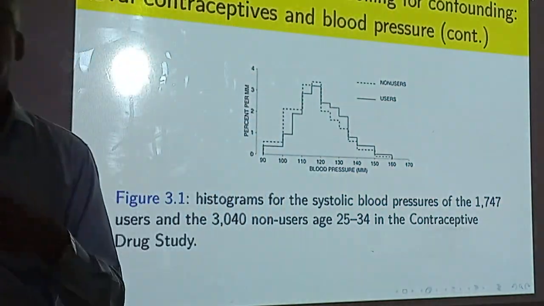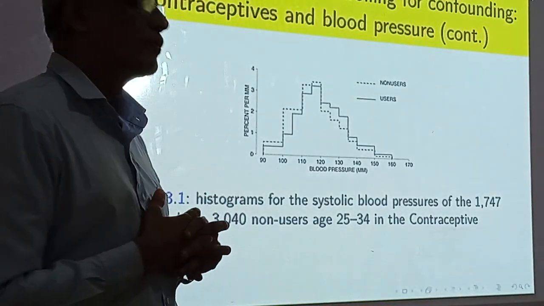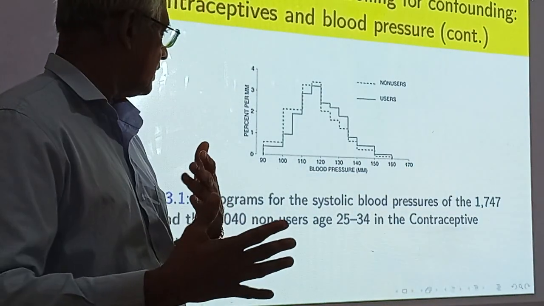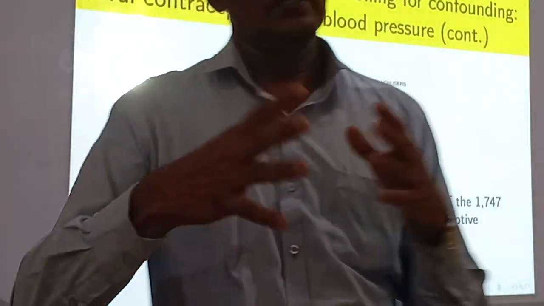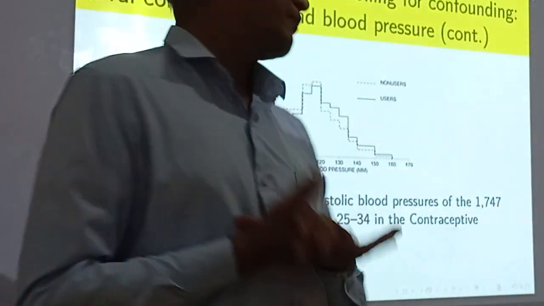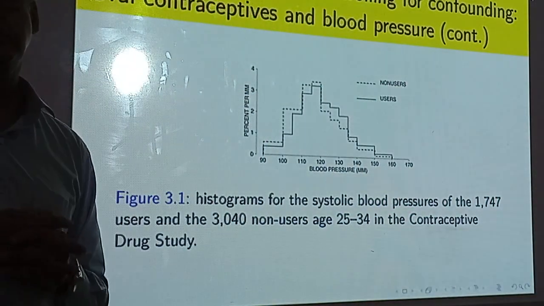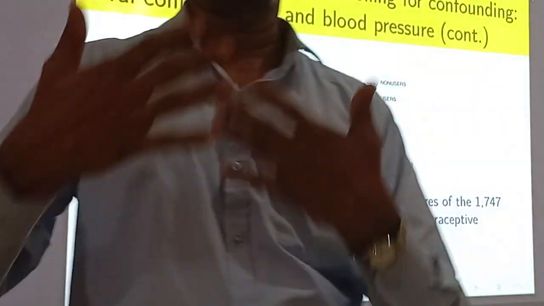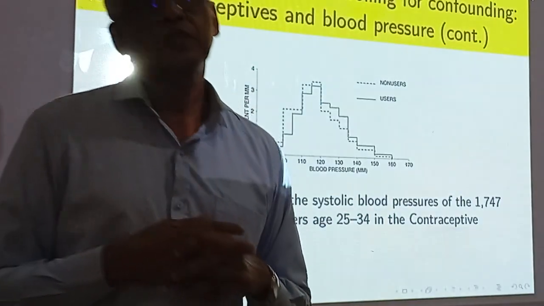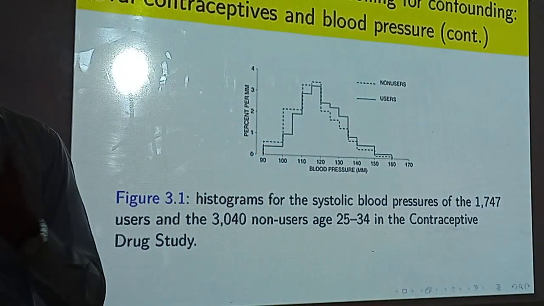With more evidence, theoretical and logical reasoning, they decided that there is a real association between blood pressure and whether they are taking the pill or not, pill usage. So then the question: if there is a real association, what is that association? How much is the association? What is the difference? How much difference is caused by the pill? That is a reasonable question to ask.